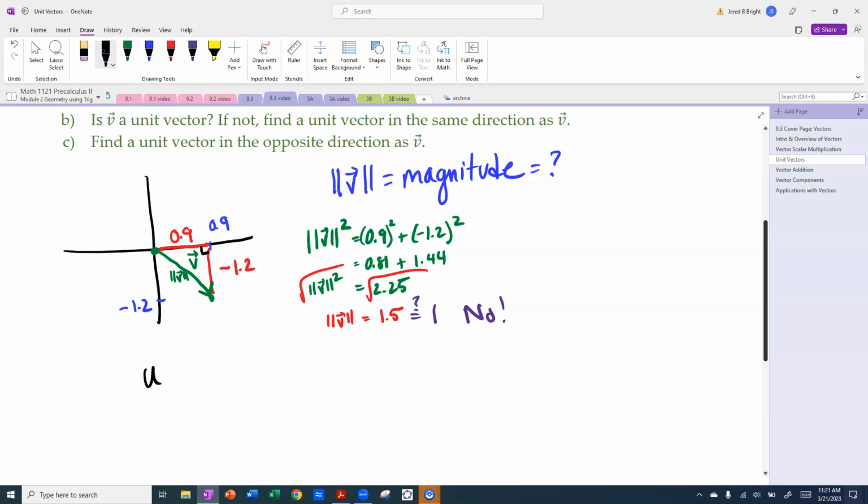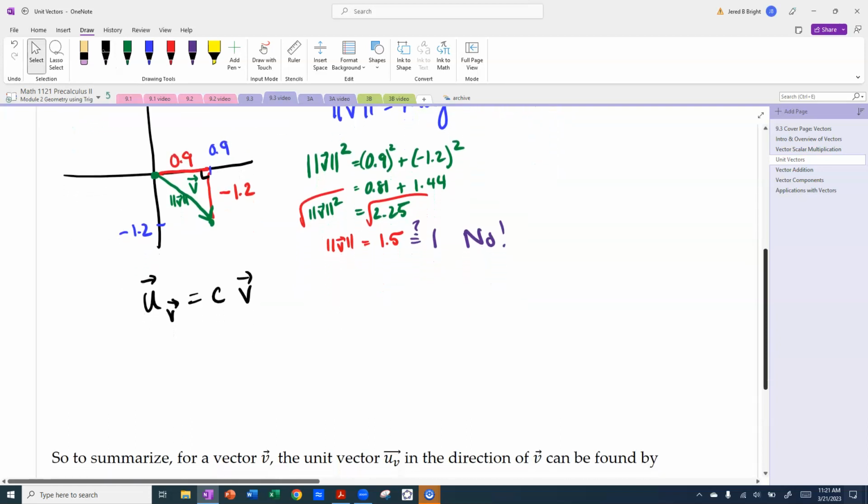We're going to say unit vector in the direction of v. All we have to do is take this and scale it. Remember, we're going to multiply by c times v, and the particular c that we're going to use is 1 over the magnitude. Mathematically, what this does is take the length of the hypotenuse.